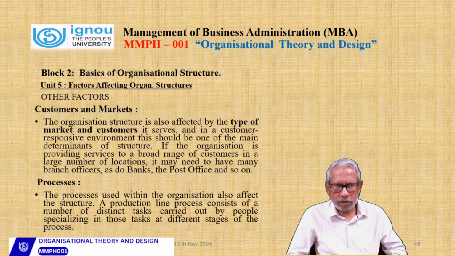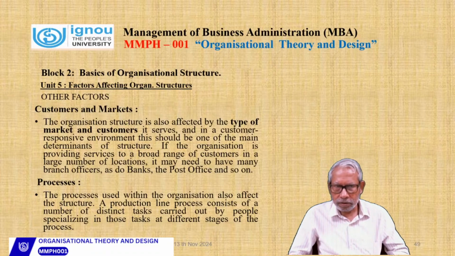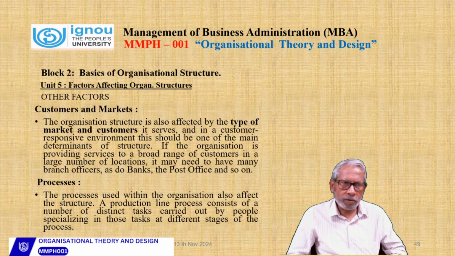Then customers and market. The type of market and the customers are also important, because where the market is not there, the organization cannot survive. It serves a customer-responsive environment. This should be one of the main determinants of the structure.